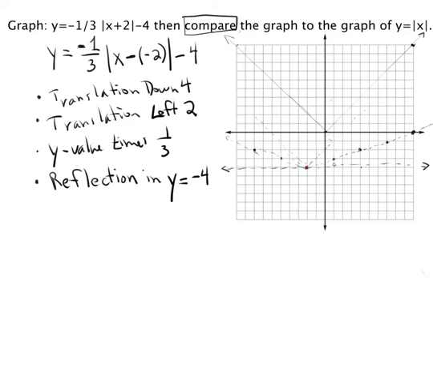If it's 1 unit above, it's going to be 1 unit below, so that's that minus. It's reflecting across y equals negative 4. 2 up would be 2 down, 3 up would be 3 down, and from that line of reflection, 4 positive would be 4 negative.